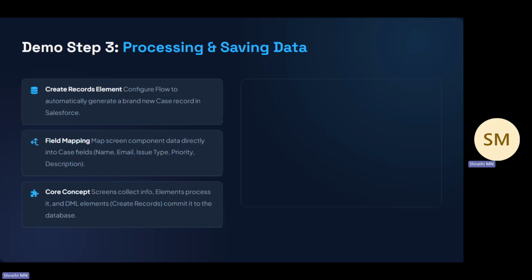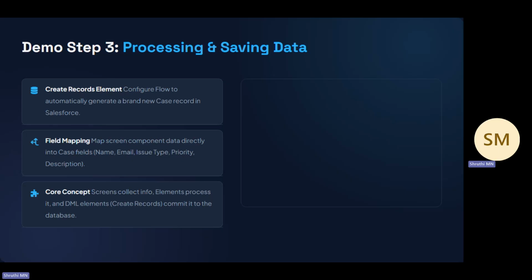For example, issue type maps to the case type field, priority maps to case priority, description maps to case description, and relevant information goes into the appropriate case fields. This gives us one of the most important flow concepts. Screen components collect information, while flow elements perform logic and create records. Remember that architecture: collect, then process.